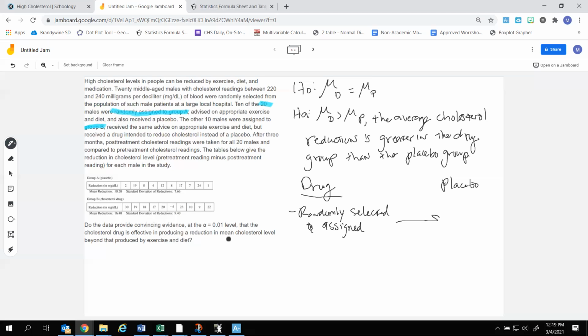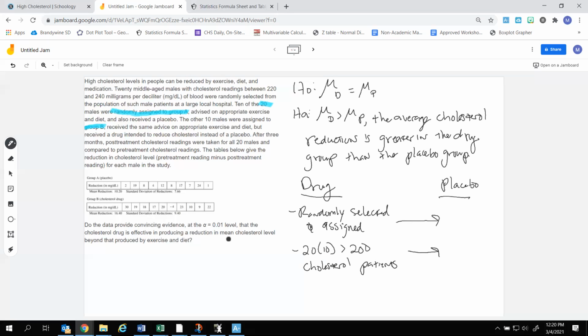It's the same thing with the placebo group. It was a sample of 20 that was taken, so we're going to do 20 times 10. So this is greater than 200 cholesterol patients. Same thing for placebo.